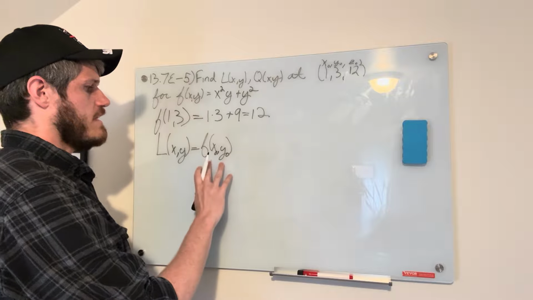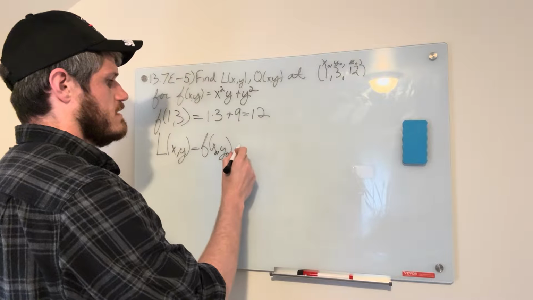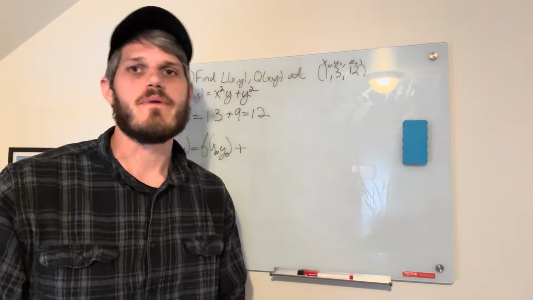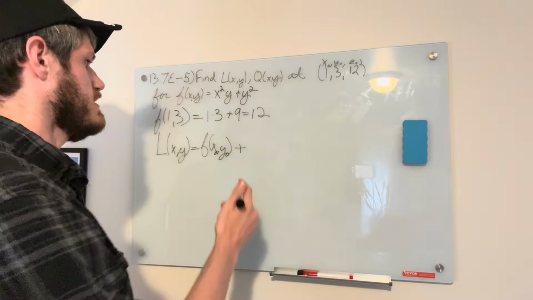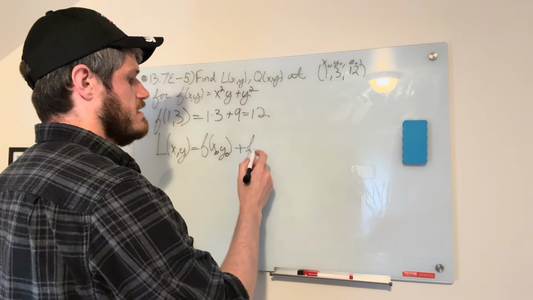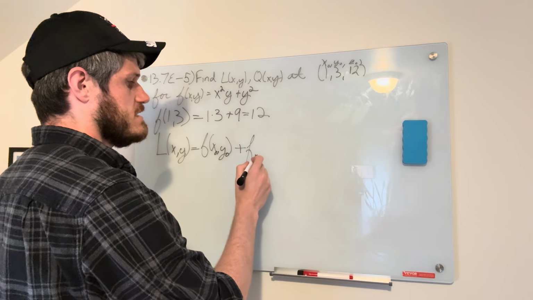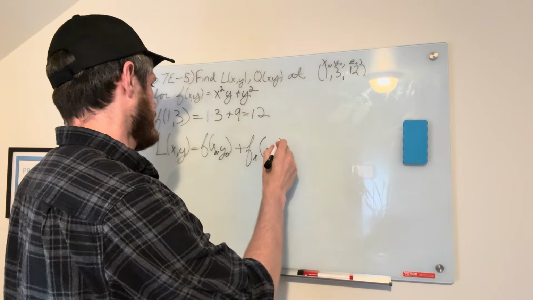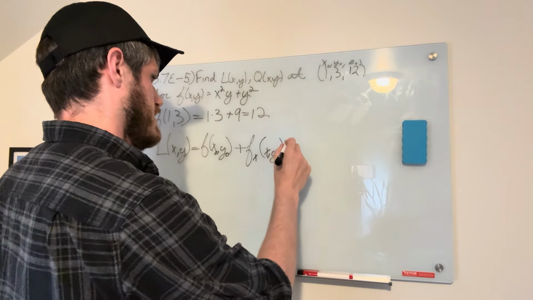So you evaluate at your point, and then you're going to add your slope information, your derivative information. So it's going to be f sub x, which is a function, of course, of x and y. Don't forget to write that. Heaven forbid.